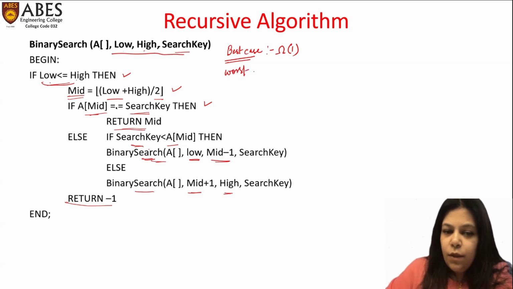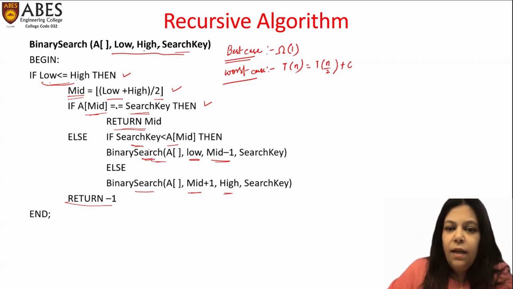What about the worst case or the average case? Suppose we say that the time taken in order to search the element in an array of size n is T(n). So we can say that T(n) is equal to T(n/2) plus C, as we can say that in every iteration, the size of the array is reduced by half and there are some constant steps that we have to follow.